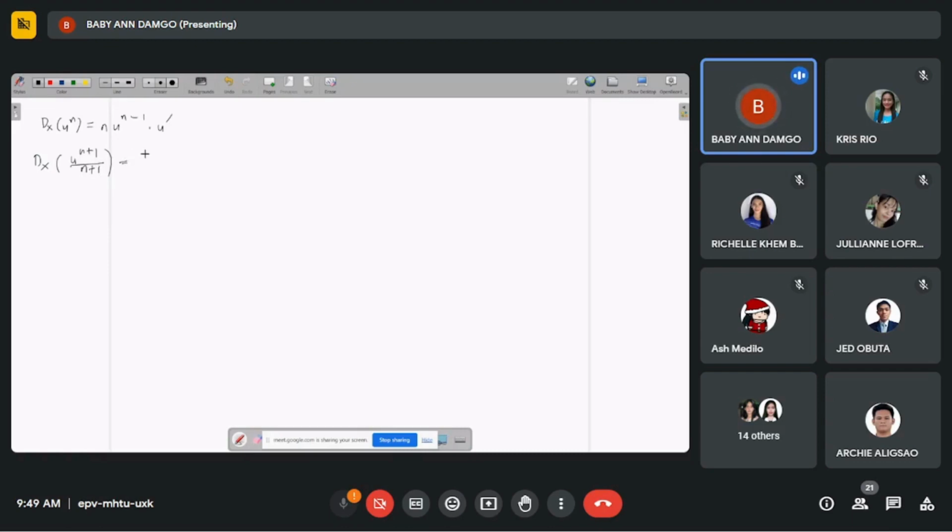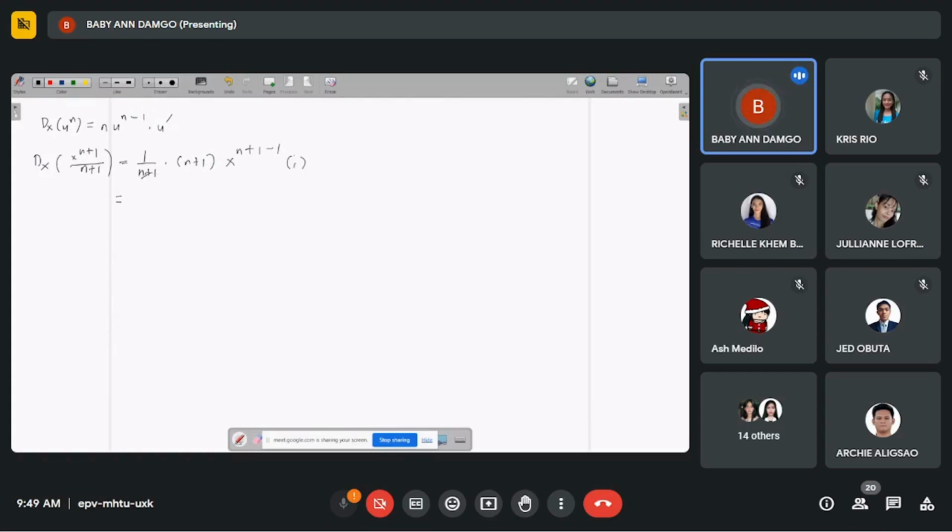So we have 1 over n plus 1 times n plus 1 times x to the power of n plus 1 minus 1 times the derivative of x, which is 1.